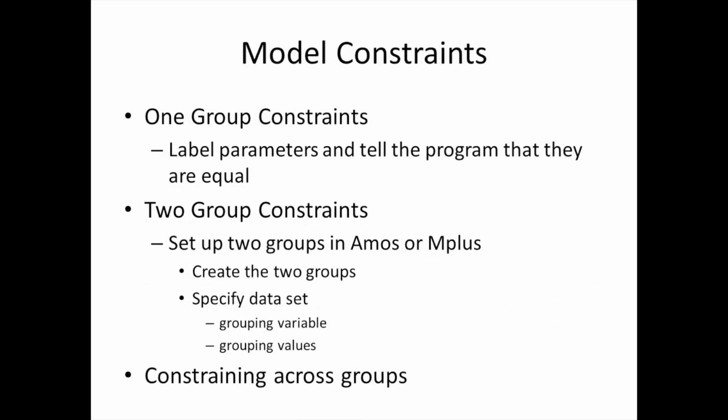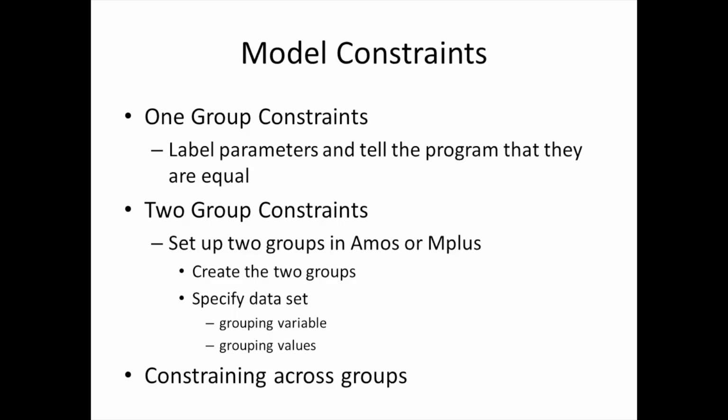So a couple other points before I show an example. Sometimes we do measurement invariance constraints within a single group. Let's say the boys and girls are in the same group, or a lot of times we see this with husband and wife data, where we compare parameters across husband and wife, but we want them in the same group so that we can correlate them, to account for non-independence between husbands and wives in the same data set.